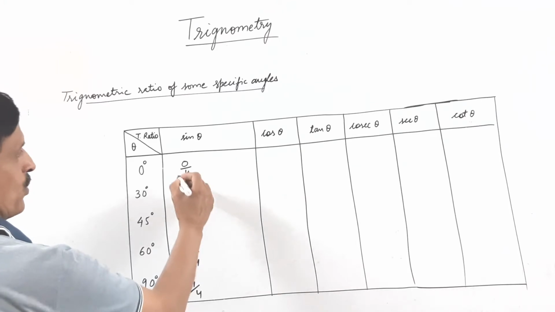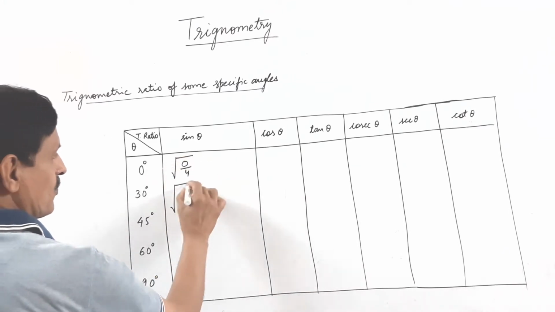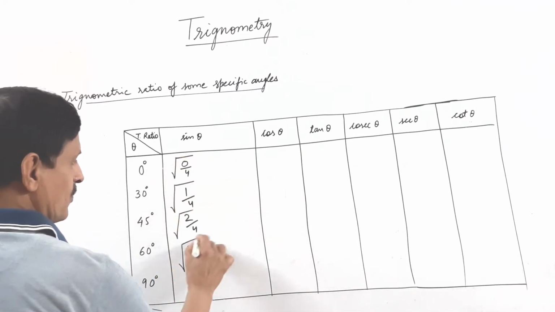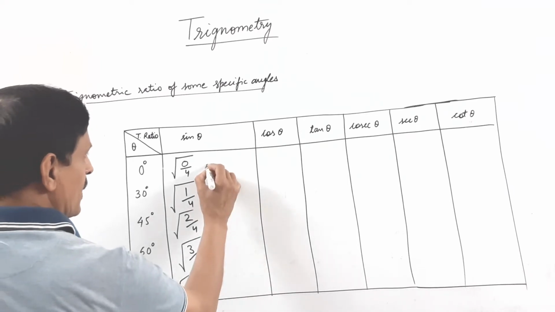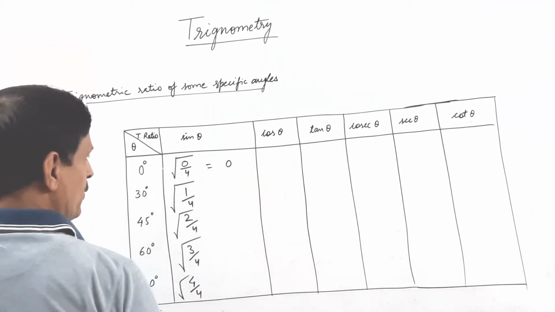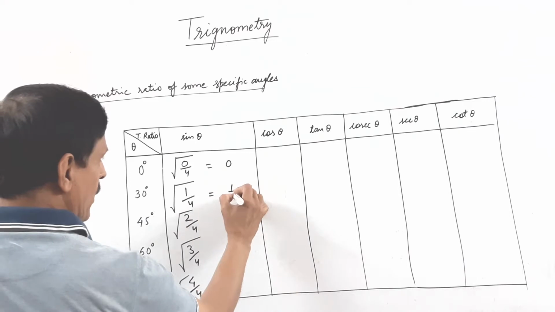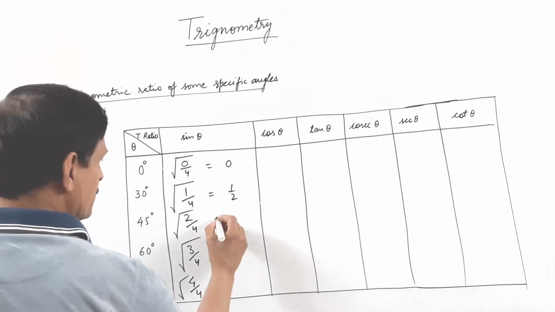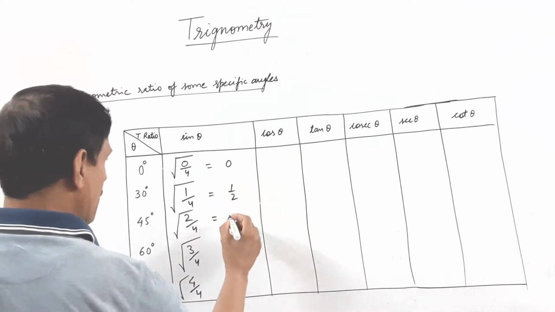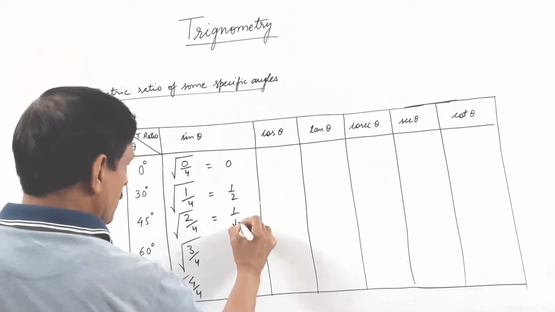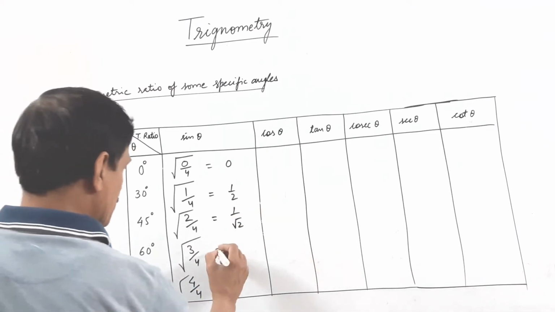And then we take a square root. This is 0. This is 1 by 2. This is 1 upon root 2.